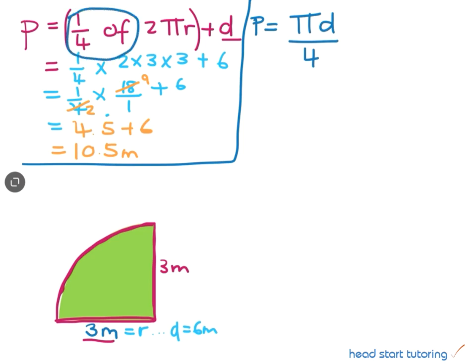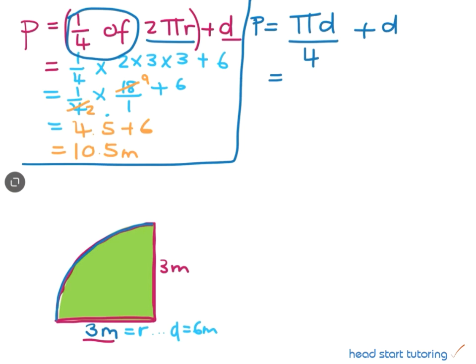So pi d is equivalent to 2 pi r. Those are both the formulae for the circumference of a full circle, so we can use either of those. And because we are just working out the perimeter of 1/4 of a circle, we can just divide our circumference by 4, and that will give us this curved bit over there. And we again just need to remember to add our diameter at the end.